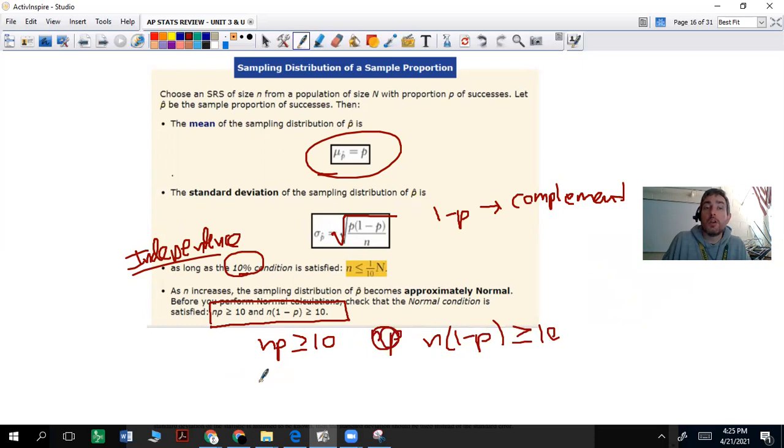In other words, your successes and your failures must be at least 10. We want both of those to be at least 10 to have the approximately normal condition met.